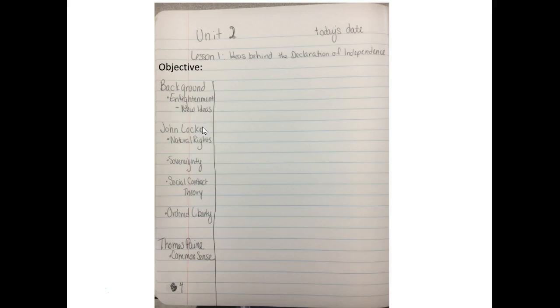On the left side here, these are all the main ideas that you're going to be talking about in this video. On the right hand side is where you're going to be writing down the information that is associated with it. So on the left side, I want you to have background, the Enlightenment, and new ideas.